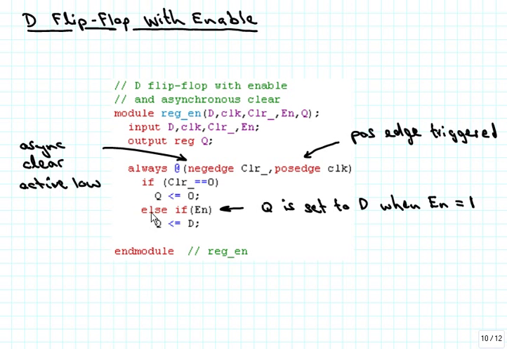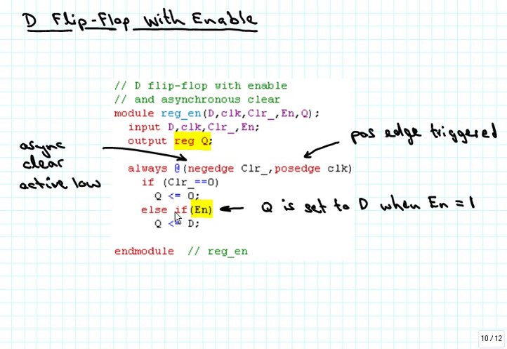If it is high, then Q will be set to D. And otherwise, we just leave the Q value in the register, because Q here is defined as a registered variable. It will retain the value of Q when the if condition is not true and there is no else clause for it; it will simply retain whatever value it had before.